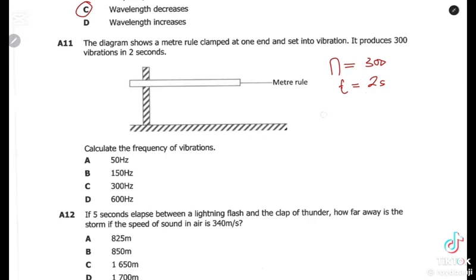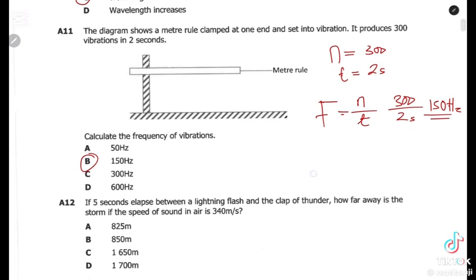To calculate the frequency, we use the formula: frequency is the number of complete vibrations per unit time. So the number of complete vibrations divided by time: 300 vibrations divided by 2 seconds. We are going to have 150, measured in hertz. So 150 hertz, and therefore the answer here is B.